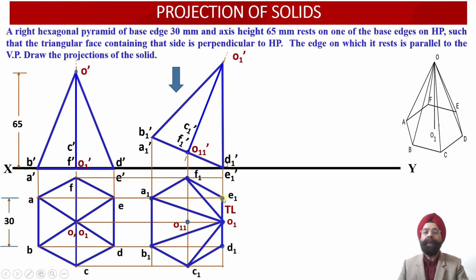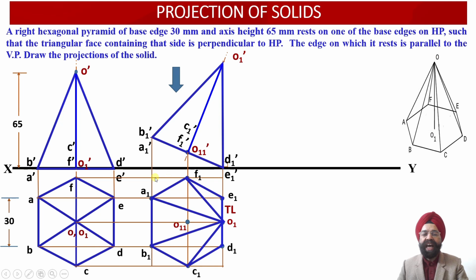So now we have been provided with another information that in the second iteration, the edge of the base onto which the pyramid is resting onto the ground is rotated in such a way that it becomes parallel to the vertical plane. Now we can see over here, this edge, earlier it was perpendicular to the vertical plane.